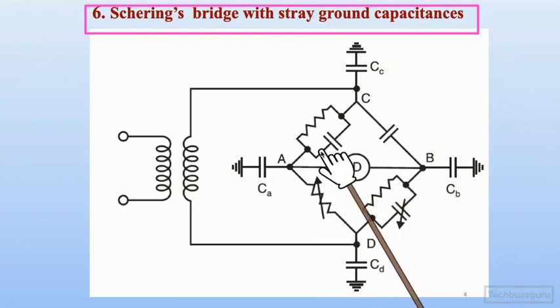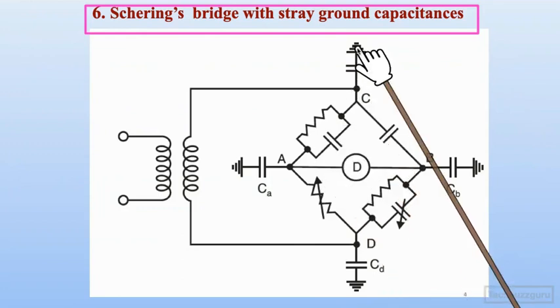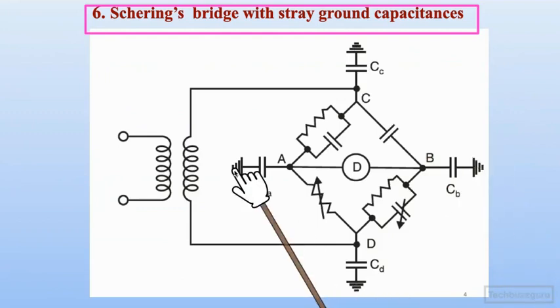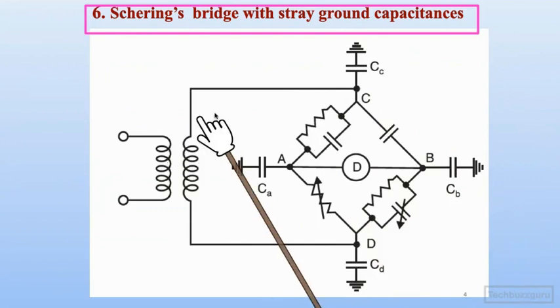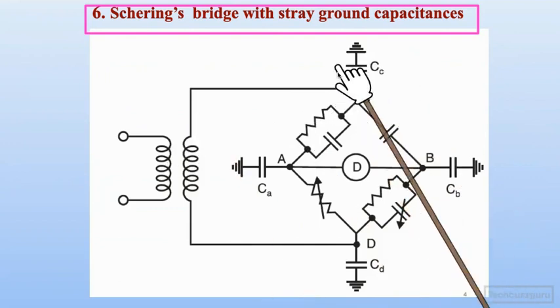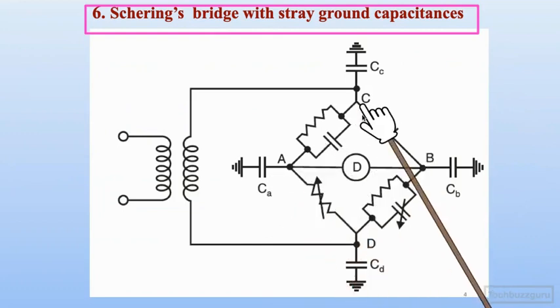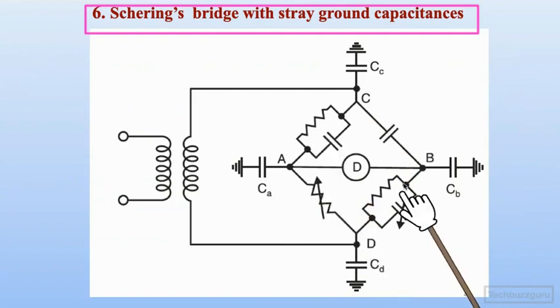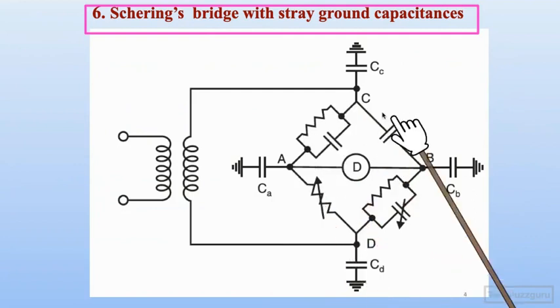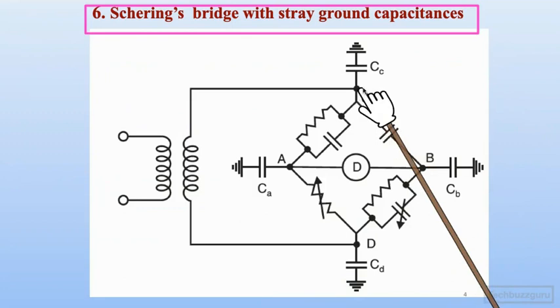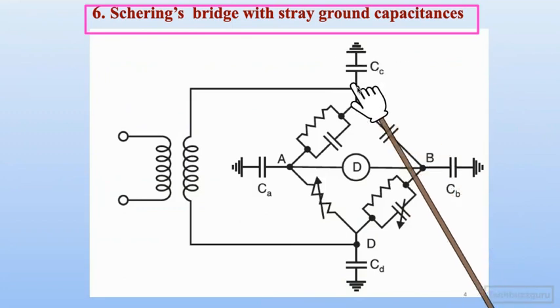But if you are carrying out measurements and the bridge is being used in such a situation that there are nearby grounded objects, very close to the bridge, and this is a high voltage bridge, consequently the bridge junctions, you can see junctions A, B, C, and D, have a tendency to form stray ground capacitances.